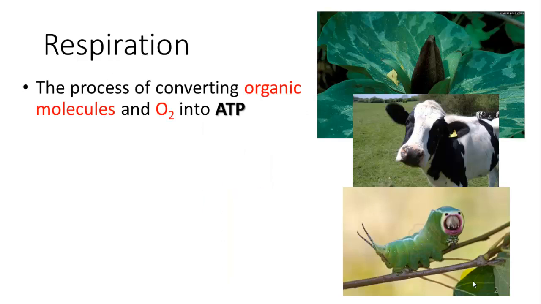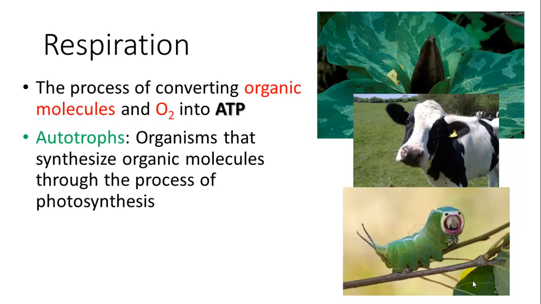And this is the process of converting organic molecules, sugar, amino acids, and lipids, and using oxygen and converting it into energy. ATP being the energy molecule we use. So autotrophs are organisms that synthesize organic molecules through the process of photosynthesis, which we talked about last time.